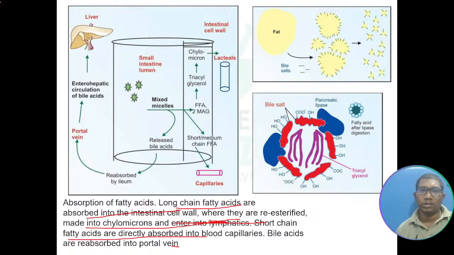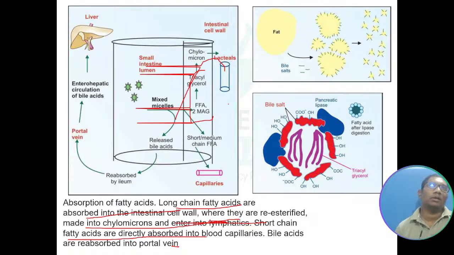मतलब लॉन्ग चेन फैटी एसिड्स हैं, they are absorbed into the intestinal wall, है ना, absorb होने के बाद में they are esterified with the monoacylglycerol. They go through the lacteal tube into the lymphatic system.